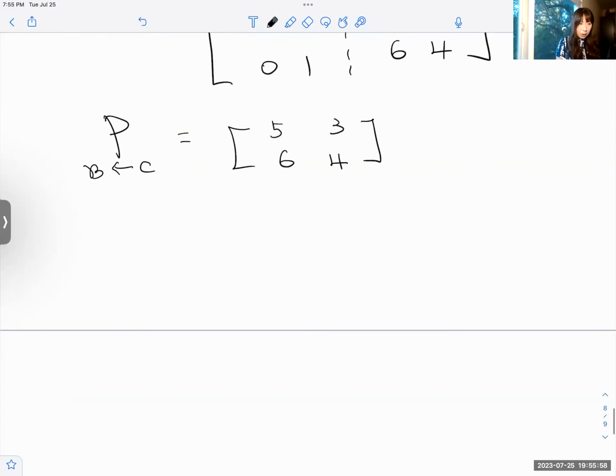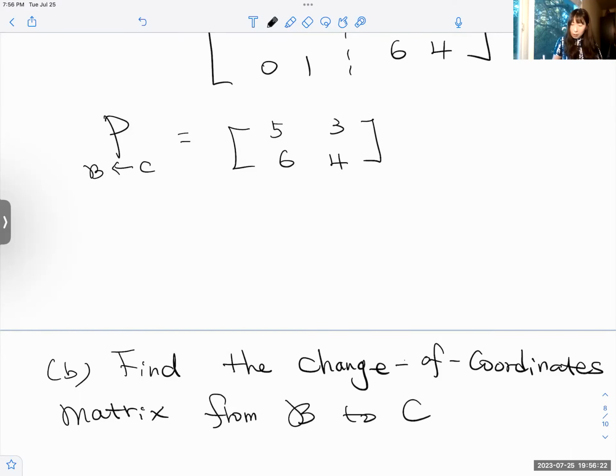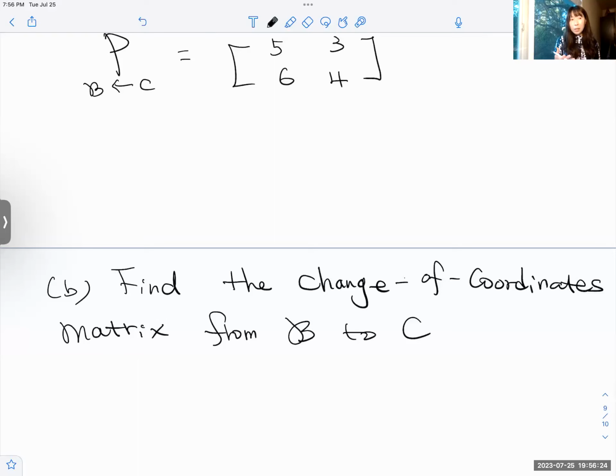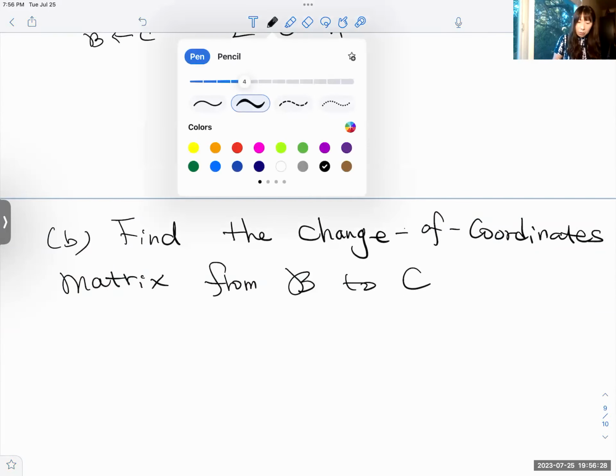Let us use the inverse. Find the change of coordinate matrix from B to C. Okay, we could do B to C directly, right? How about we use the inverse notation?